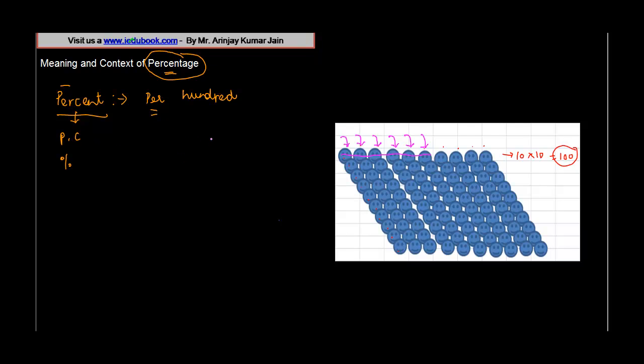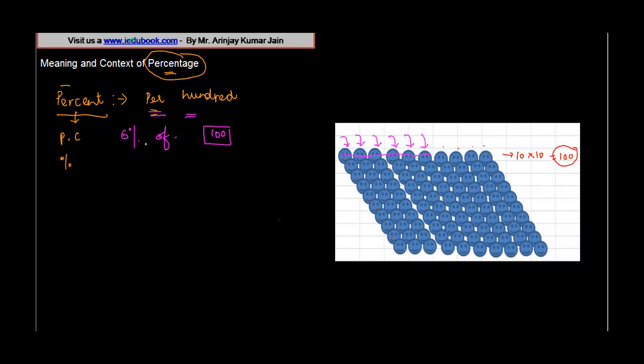Now, if someone were to ask you, what is the percentage of smileys I have written off? That would mean how many smileys I have written off per 100. In this case, we just have 100 over here, and we've written off 6 of them. So we'll say we've written off 6% of 100.